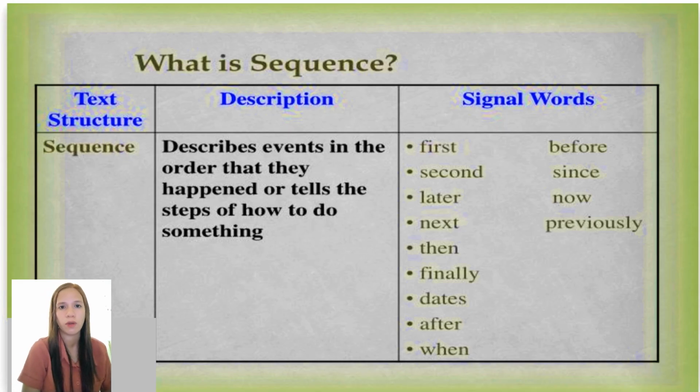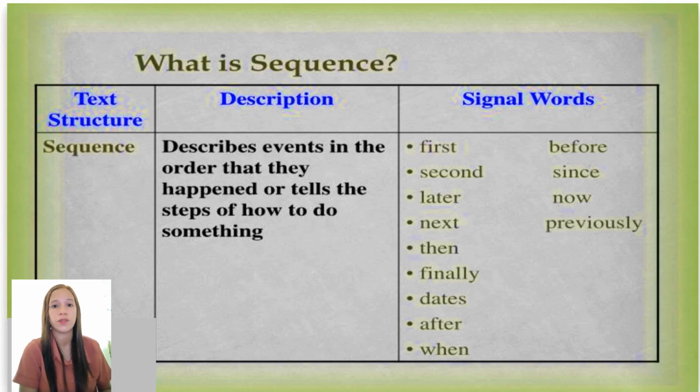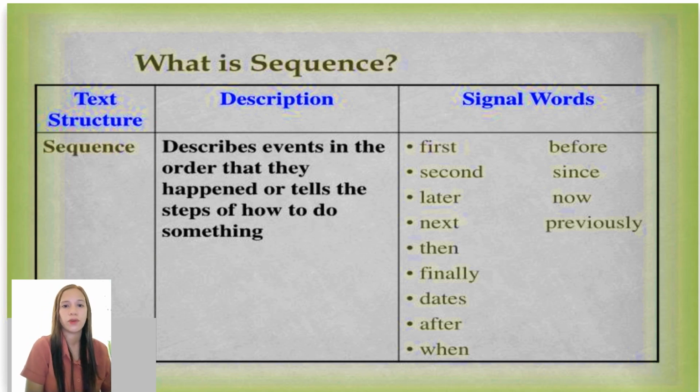So when we say sequence, it describes the events in the order that they happen, and tells us how to do something. So we also have the signal words: first, second, later, next, then, finally, dates, after, when, before, since, now, and previously.